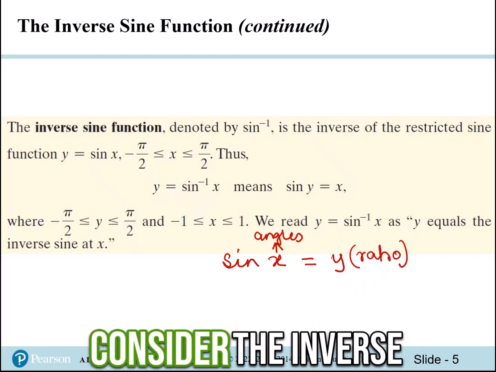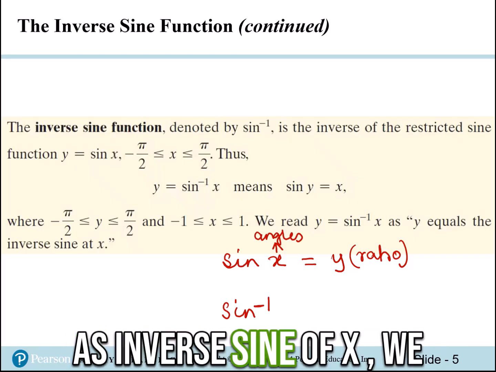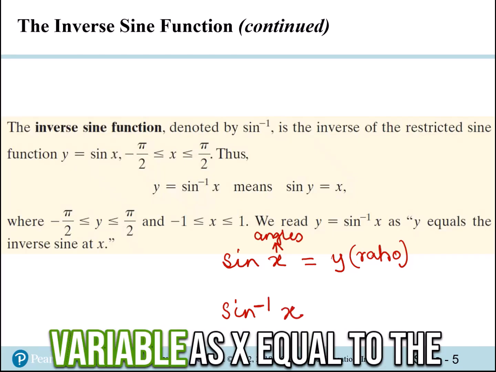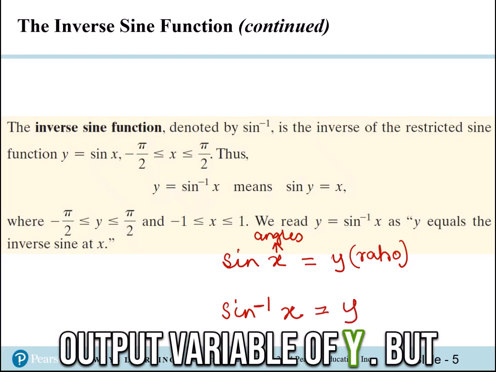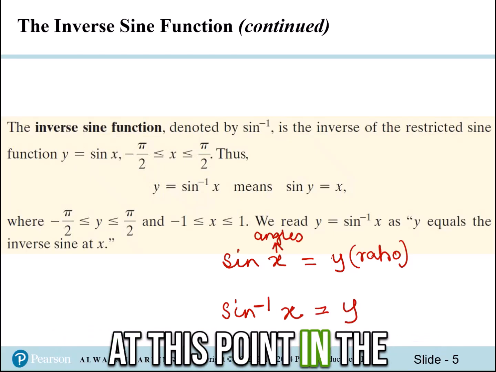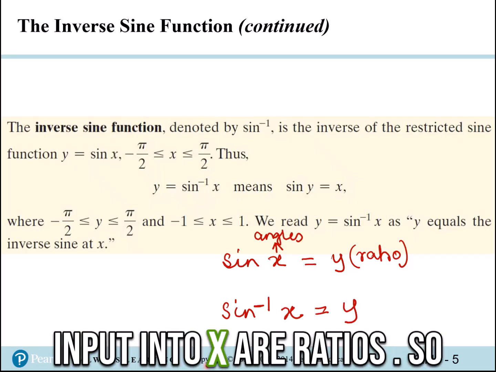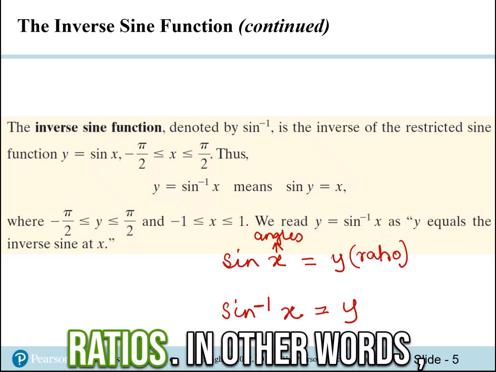Now, when we consider the inverse function of sine, written as inverse sine of x, we still write the input variable as x equal to the output variable of y. But at this point in the inverse function, what we input into x are ratios. So what the inverse function is taking in are the ratios.